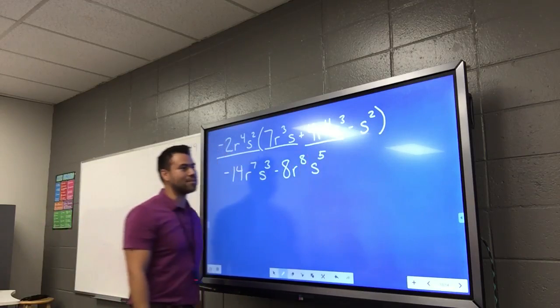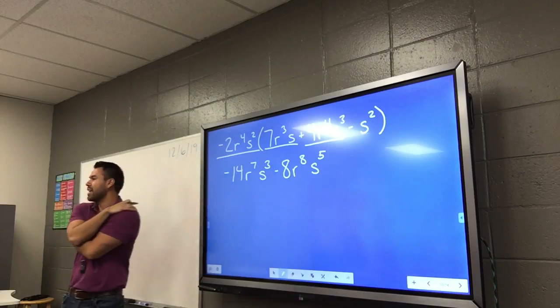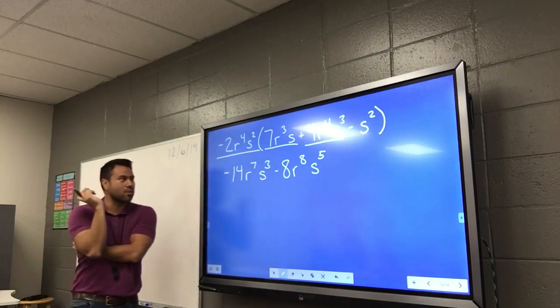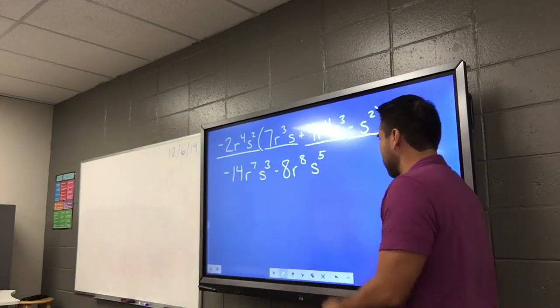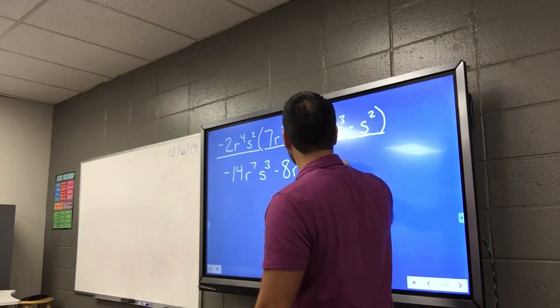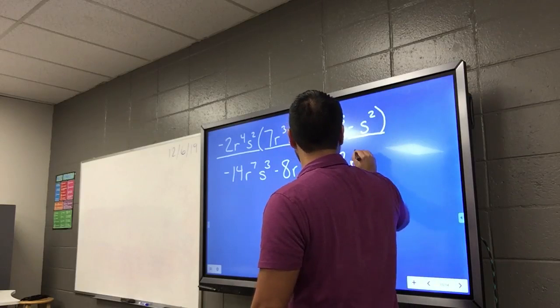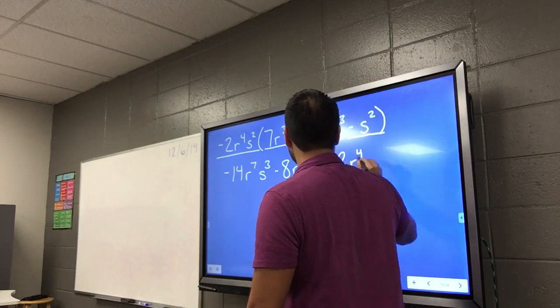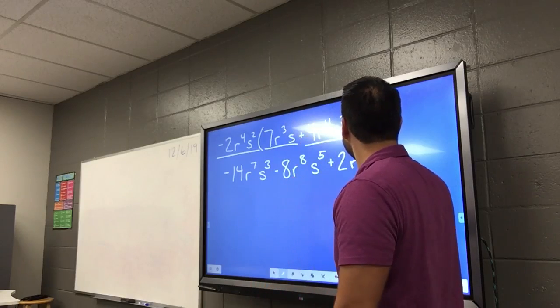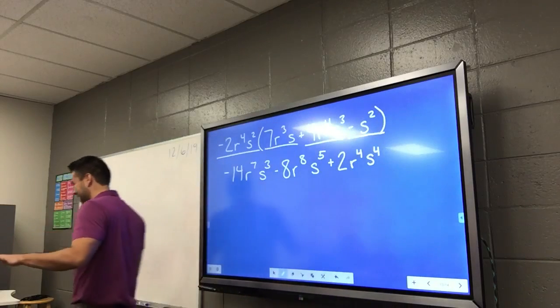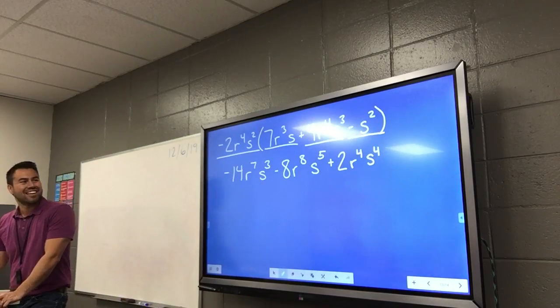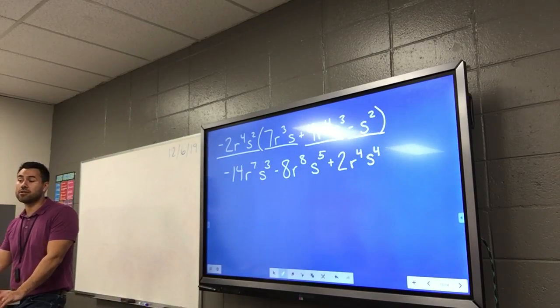That's okay, that happens. Stella, what's negative 2r to the fourth s squared times negative s squared? Positive 2r to the fourth, and s to the 4th. Are there any like terms though? No. Right, none.